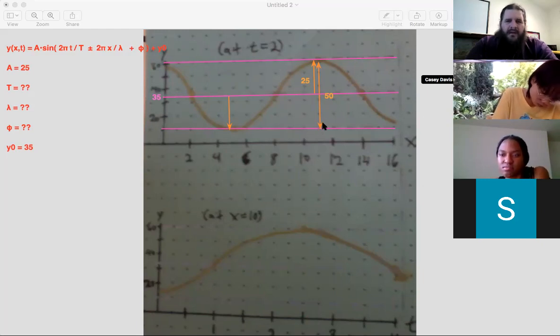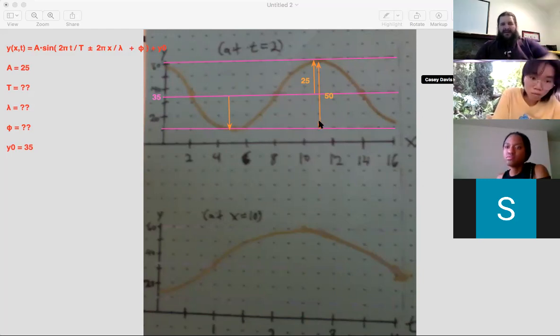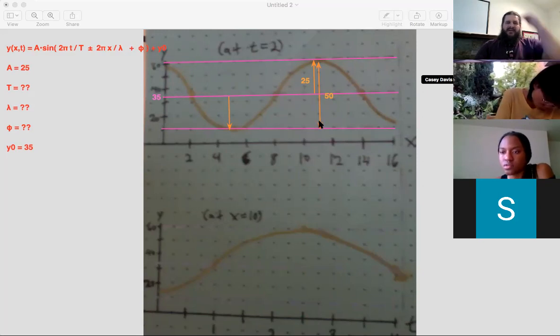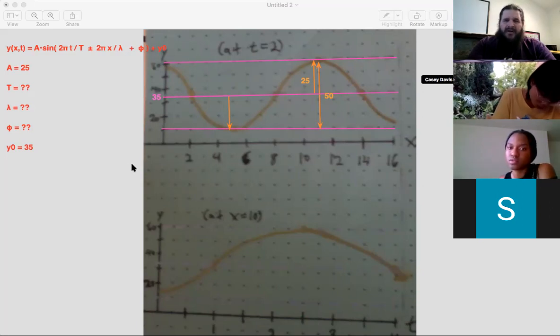Because technically you would still be subtracting. Like if it went up to 60 and down to negative 10, you'd be subtracting 60 minus negative 10, which would be 70. Okay.